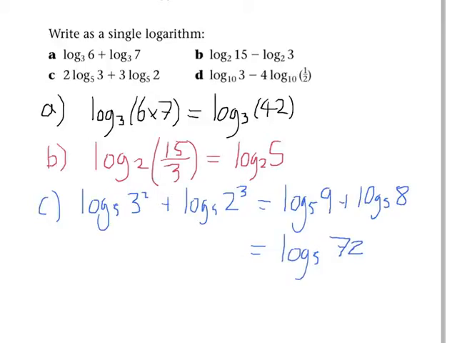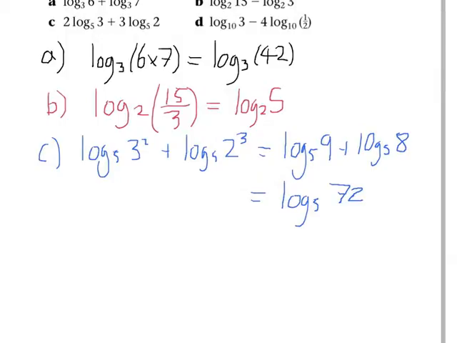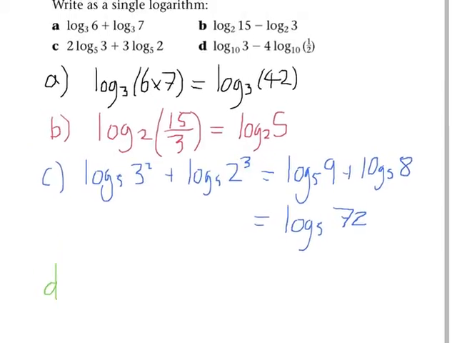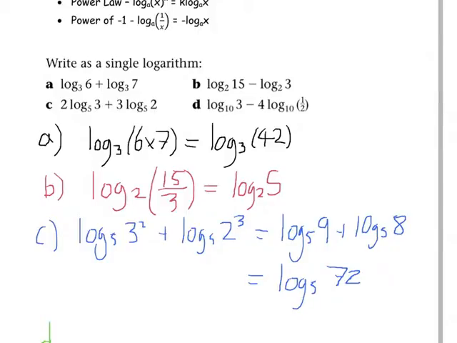Finally, question D, log to the base 10 of 3 minus 4 log to the base 10 of 1 over 2. This is going to yet again involve using several of the laws. So far we haven't yet made use of this bottom law, where if you've got log to the base a of 1 over x, you can change that to minus log a of x.